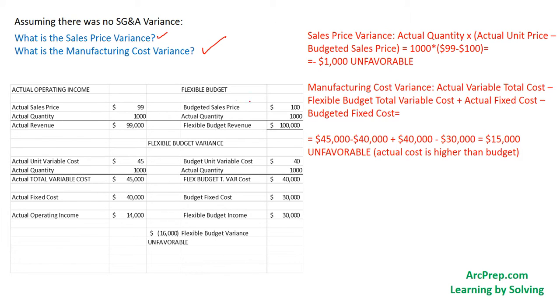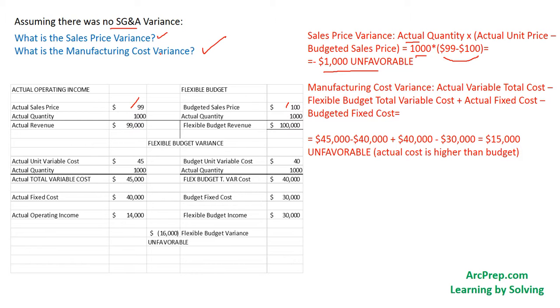Sales price variance is nothing but the actual quantity multiplied by the price difference. We were planning to sell for $100. We ended up selling each item for $99. So there is a $1 difference, unfavorable, -1, over 1,000 units. So there is a $1,000 unfavorable sales price variance. And please note that we assume there is no SG&A variance.